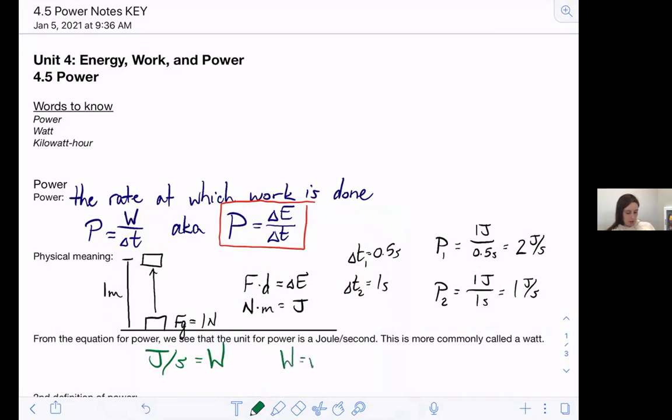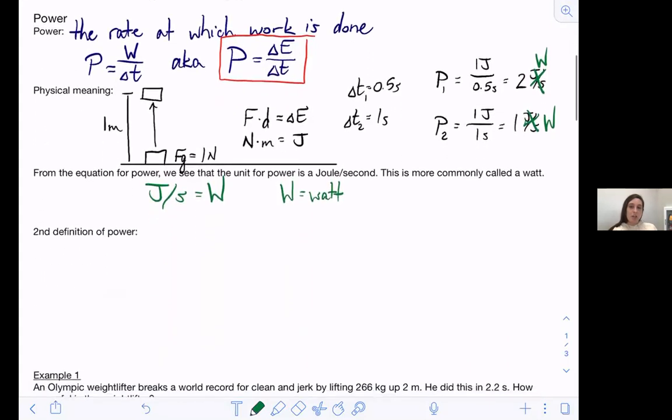Capital W is a watt, named after, I believe, an English scientist. Okay, so I really should probably be writing capital W's at the end of this to show that these powers are being expressed as watts. Okay.